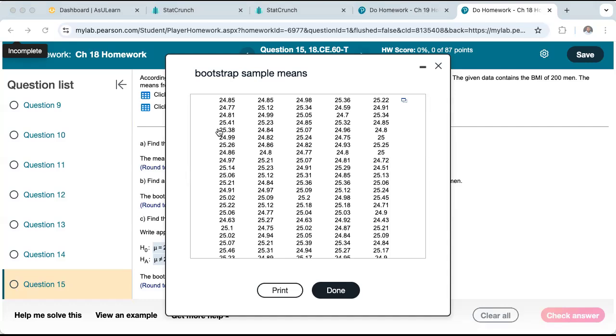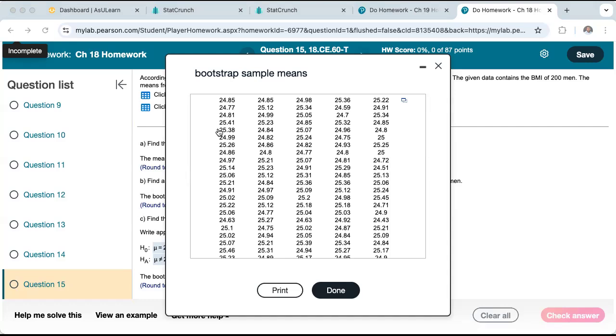The sample mean, which is X bar, is 25.08, and then my mu was 24.9. How did this become this? I just did minus 25.08 plus 24.9, and I get minus 0.18. So this column here added negative 0.18 to get everything here. Same thing to get everything.